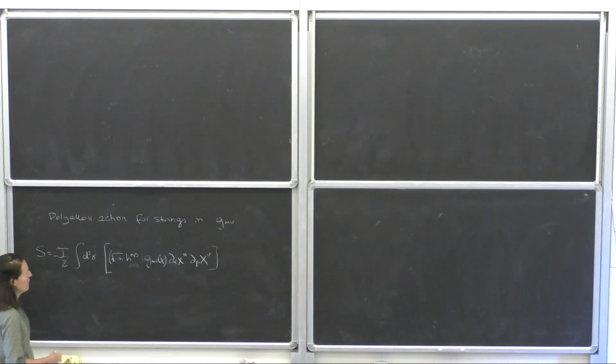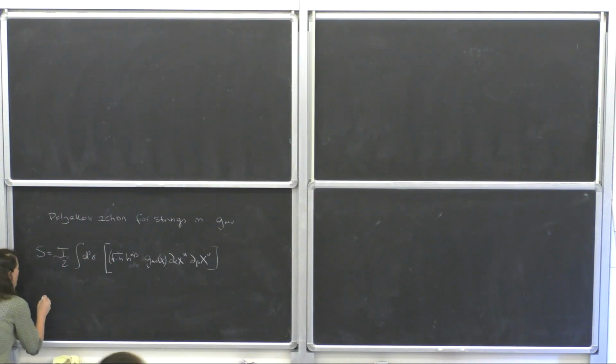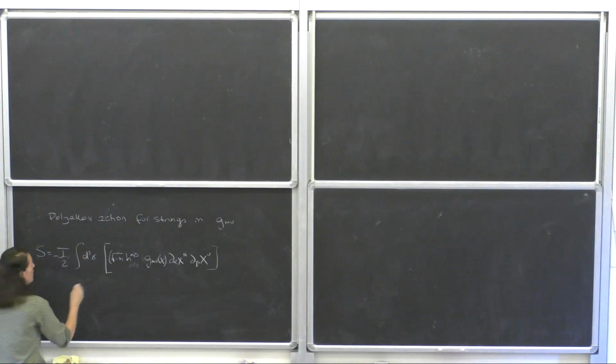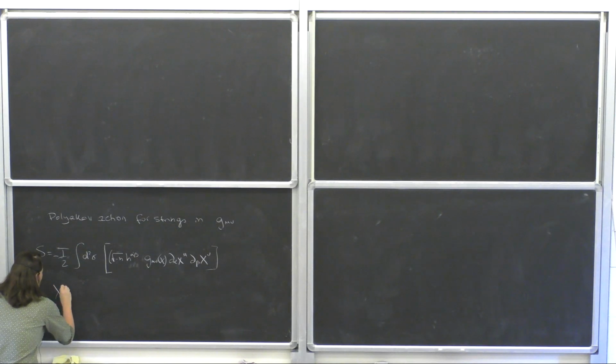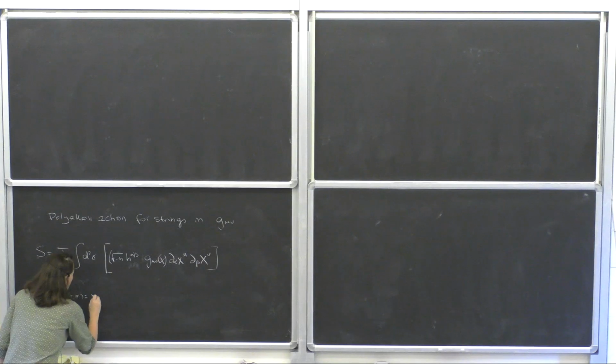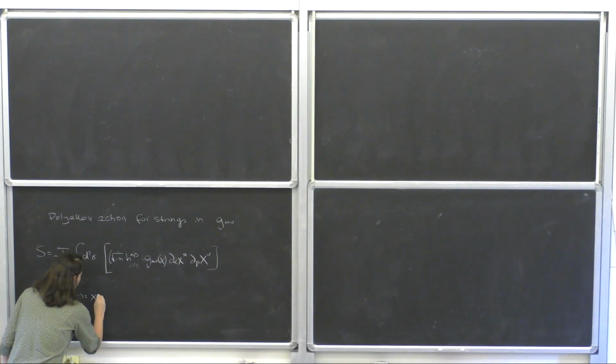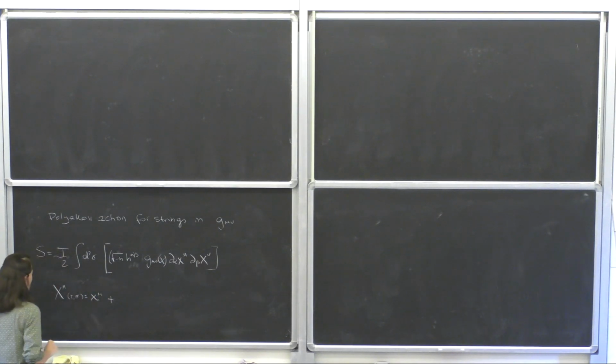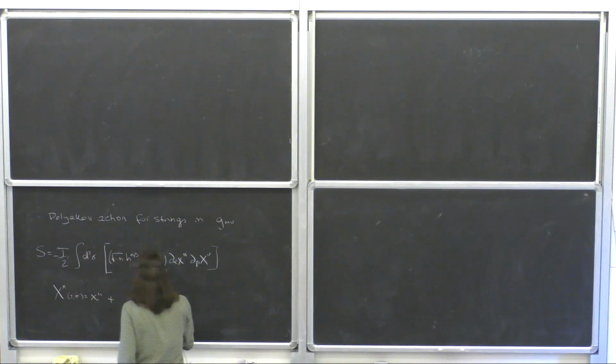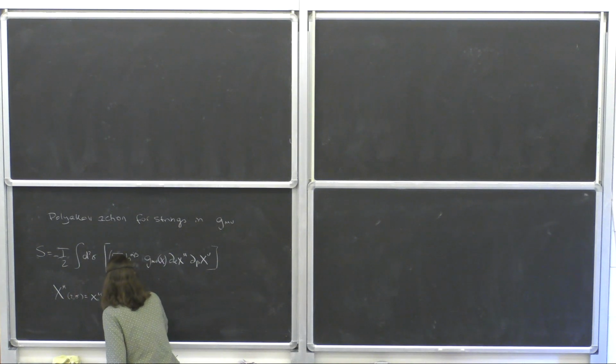The usual one, which works in some regime that we'll see, is to expand X of tau sigma. There is a center of mass term, and let me forget about the center of mass position. And then the y mu's of tau and sigma, which are the oscillations.